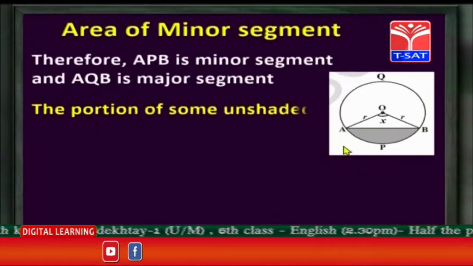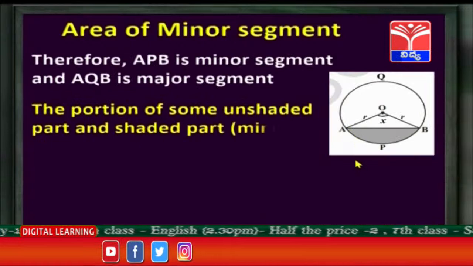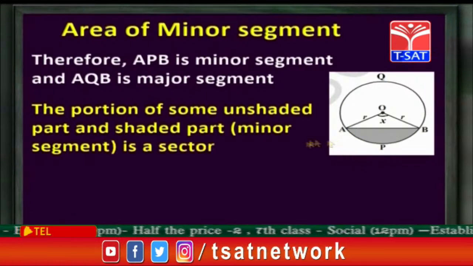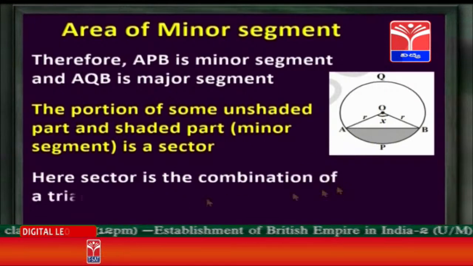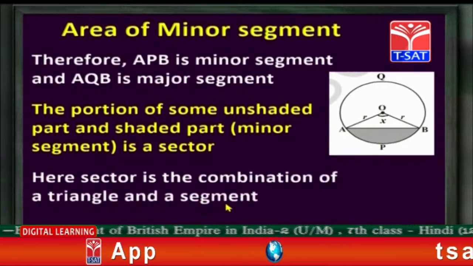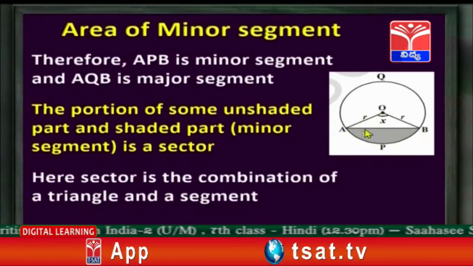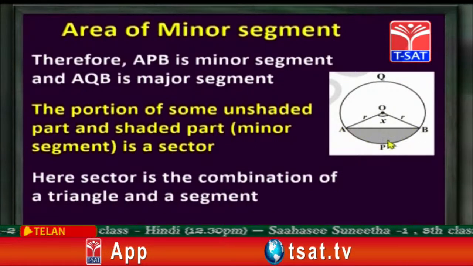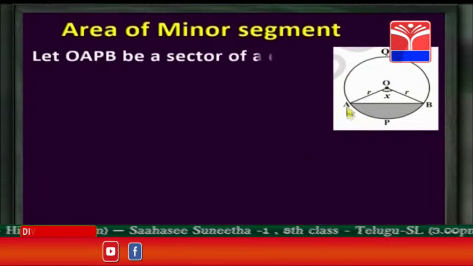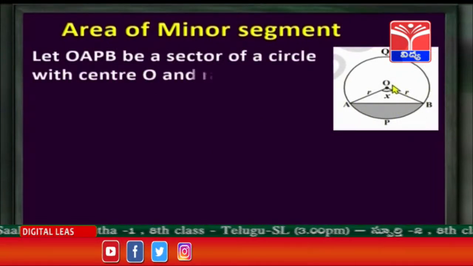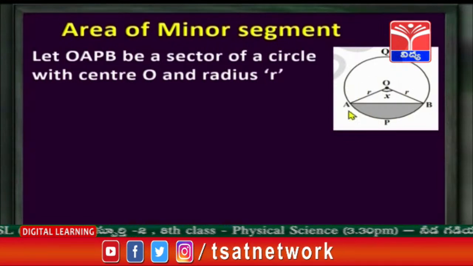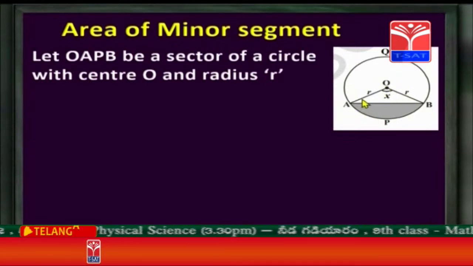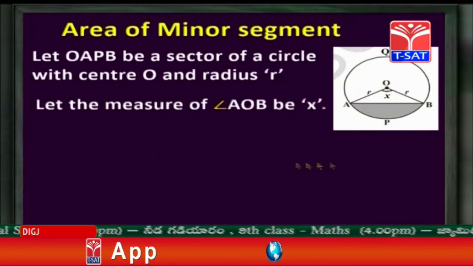The combination of some unshaded part and shaded part is a sector. Let us see now. Here the sector is the combination of a triangle and a segment. So this is a triangle and the minor segment in this case. Let OAPB be a sector of a circle with center O and radius R. Let the measure of angle AO be x.